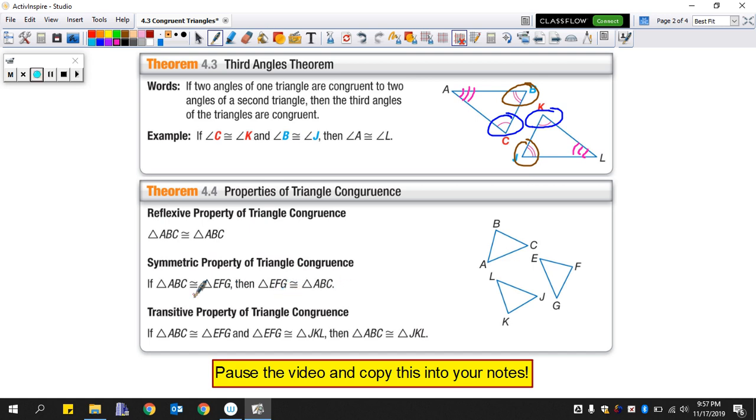And the transitive property says if triangle ABC is congruent to EFG and EFG is congruent to JKL, then ABC is congruent to JKL. So pause the video and copy this theorem and these properties down into your notes.